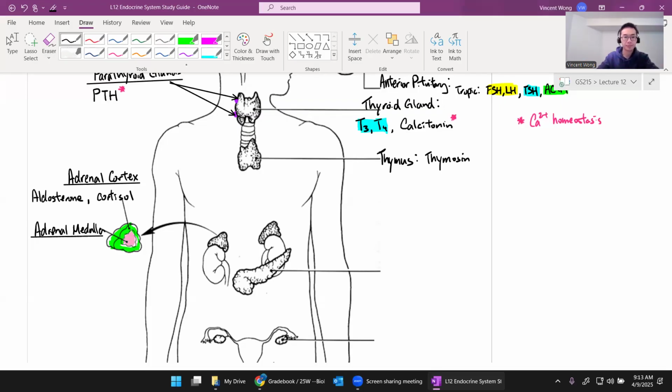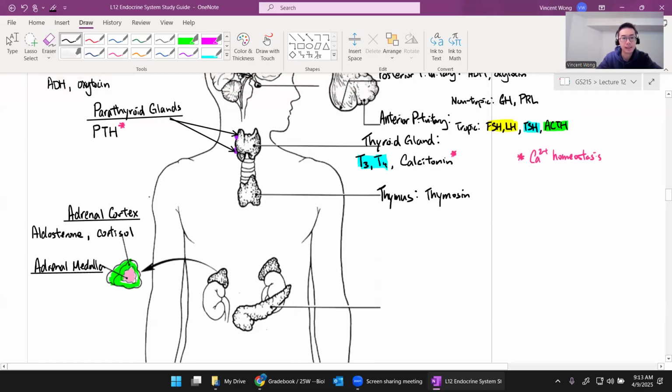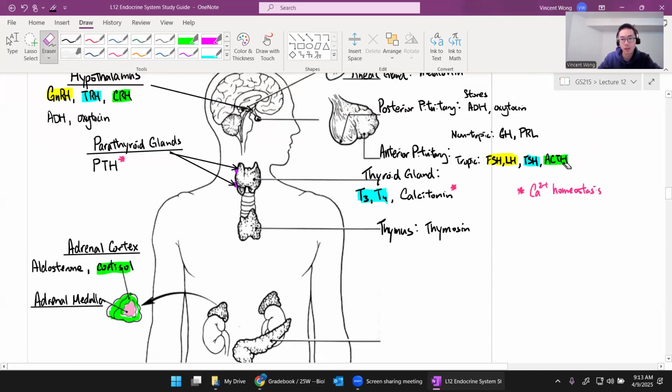We wrote it down, but you can leave it like that. These are for, again, resource availability management, chronic stress, and we can highlight it green along with the CRH, ACTH, right?